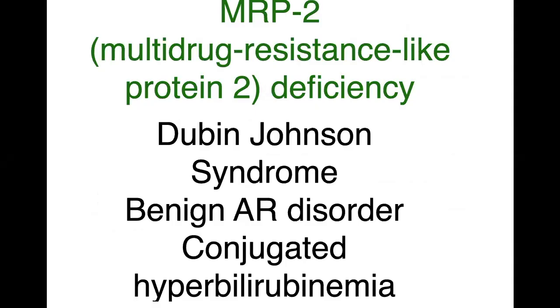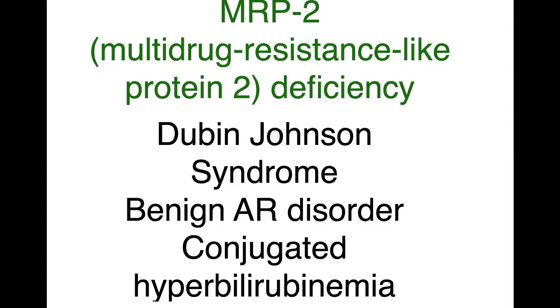This is the one lifted from your textbook: MRP2. What does MRP2 stand for? It stands for multidrug resistance-like protein 2. When there is a deficiency of MRP2, this leads to Dubin-Johnson syndrome, a benign autosomal recessive disorder which presents as conjugated hyperbilirubinemia.